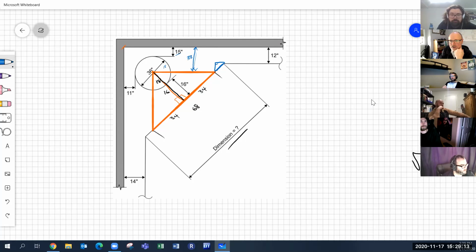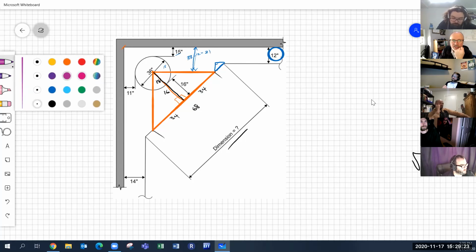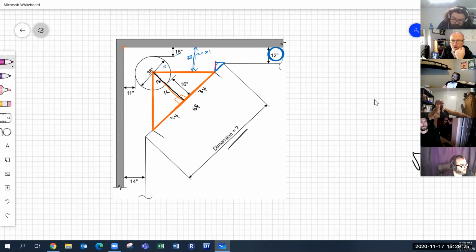And if I minus off 12 that's sitting over there, that gives me 21. So this line is 21. To get the travel, I will take 21 and times it by 1.414. That's 29.694. Oh, okay.